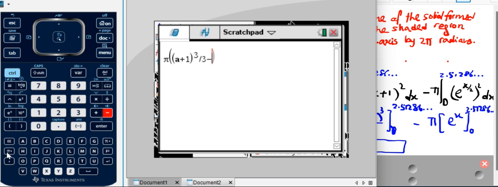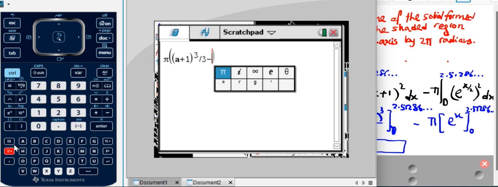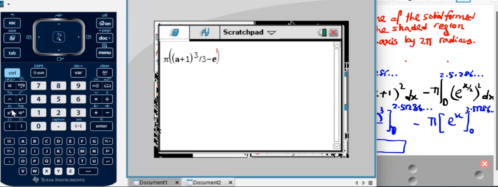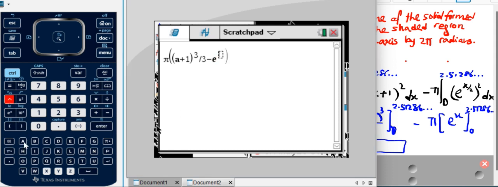So e, use this button again, the one below e, and then raised to the power of a. In this case, a is right, and then I have to minus.